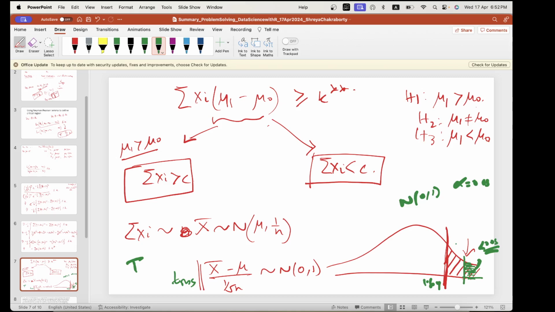critical region. Similarly, if summation xi is less than C, then under H naught this quantity will also be less than some C prime. This would imply that T is less than some C prime. Now, what is the distribution of T? T also follows a normal 0, 1.